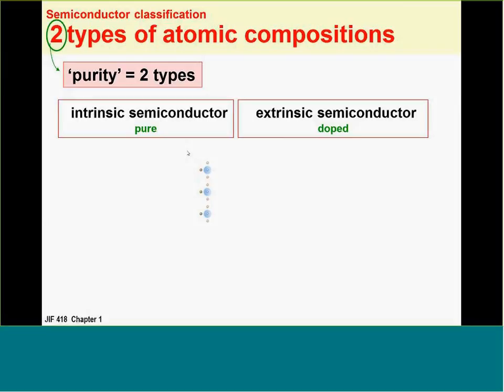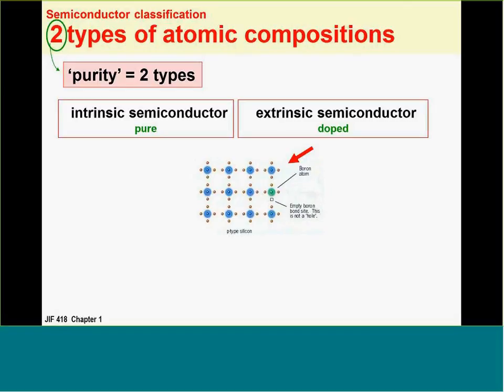Doped means you have added another element. Let's say for this silicon, basically, silicon has 4 valence electrons. But if we add boron, where the boron replaces the silicon atom at the lattice site, if you look here, we put boron at the lattice site of silicon.